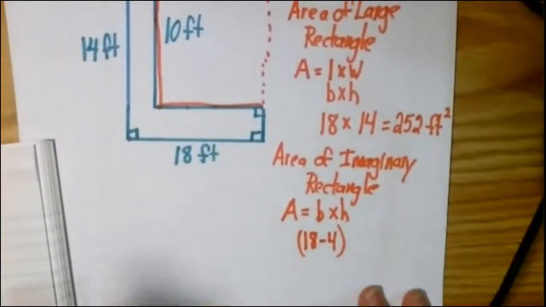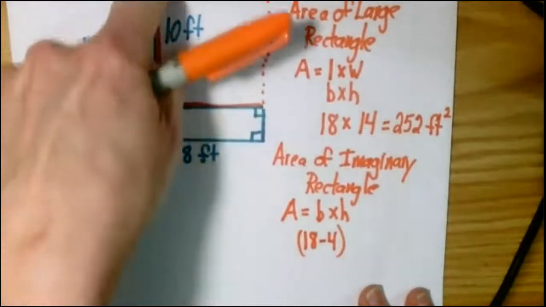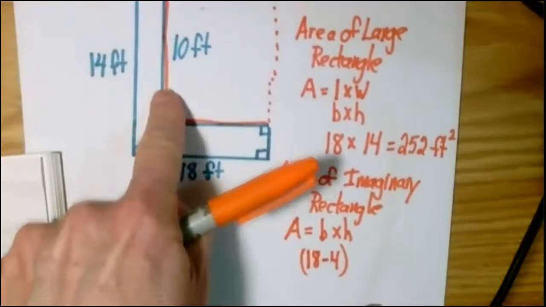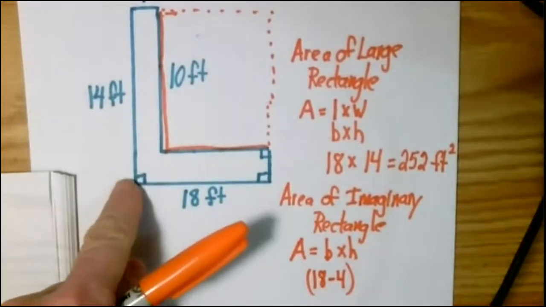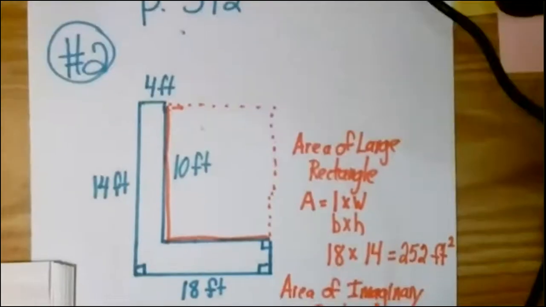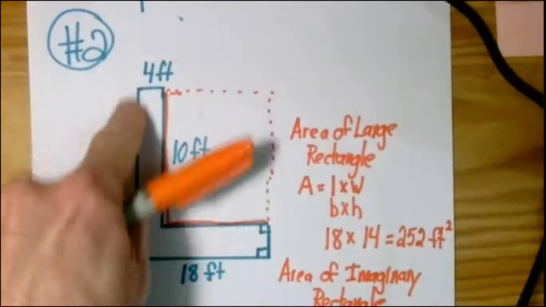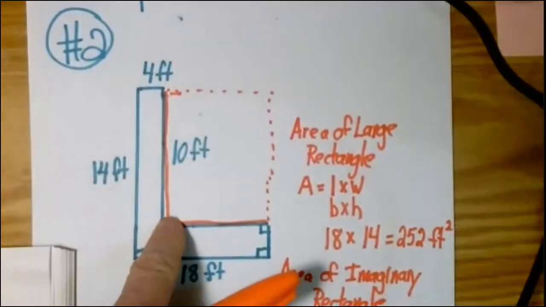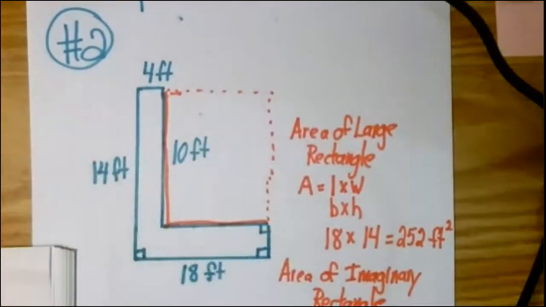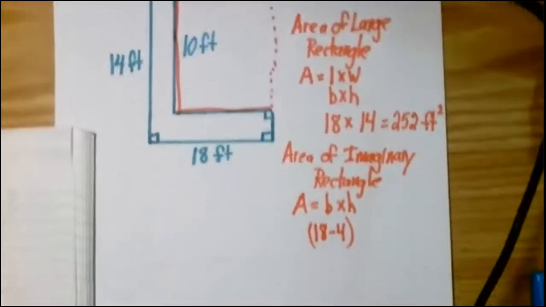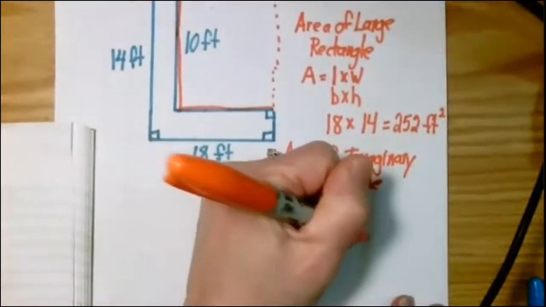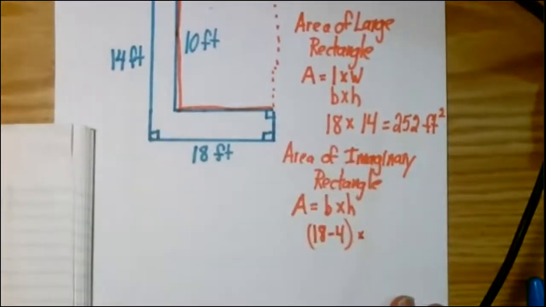Okay. And my height. What is going to be the height of this? Well, we know that the whole thing is 14. This part is 10, right? So the height of the imaginary rectangle is just 10.